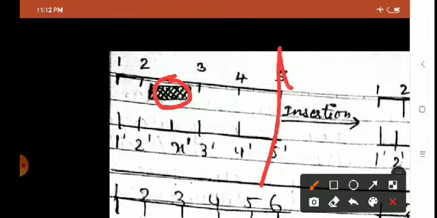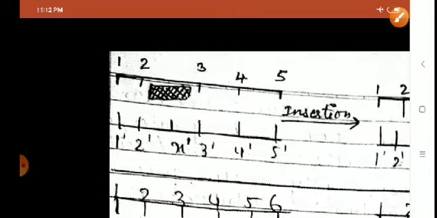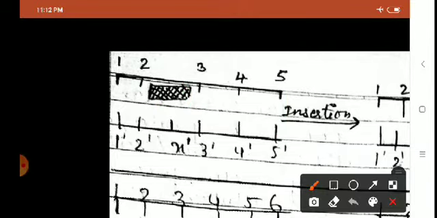during the first replication, at random any base will be added opposite to this acridine dye, because DNA polymerase enzyme does not recognize it as any base. So at random any base is incorporated against it. Say for example a base X dash is added against this acridine molecule.